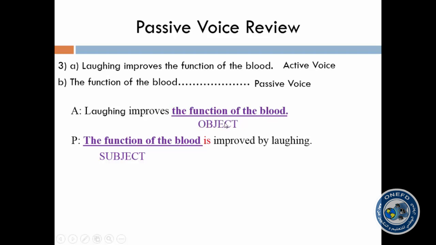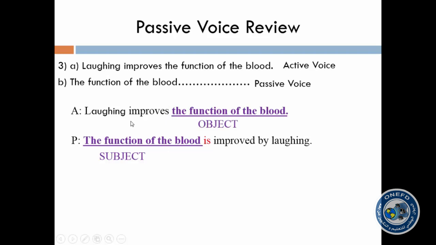In the passive voice, the object becomes the subject, and the subject of the active voice becomes the object of the passive voice, preceded by the preposition by. It tells us who is doing the action.